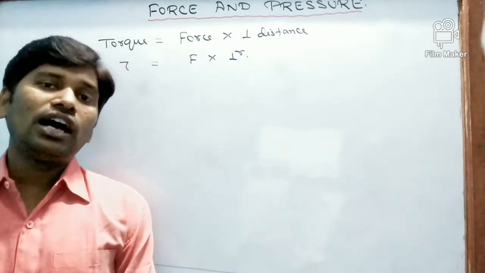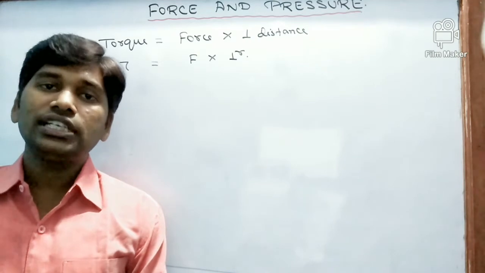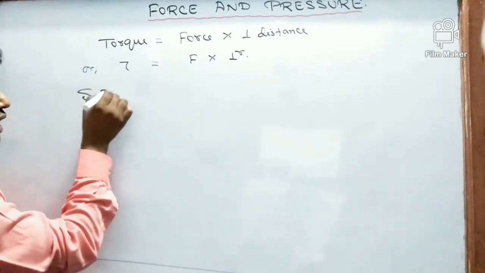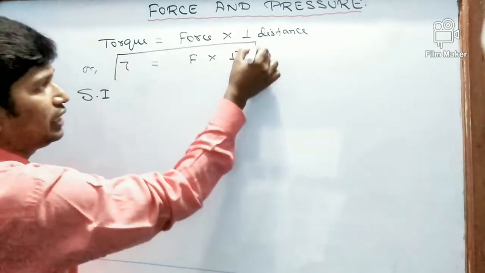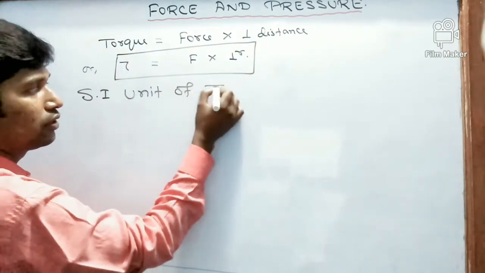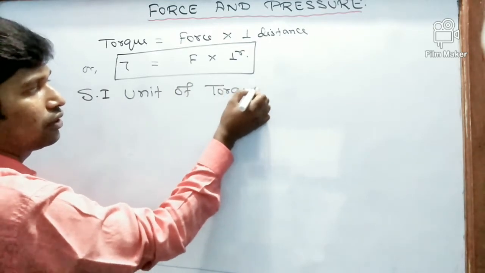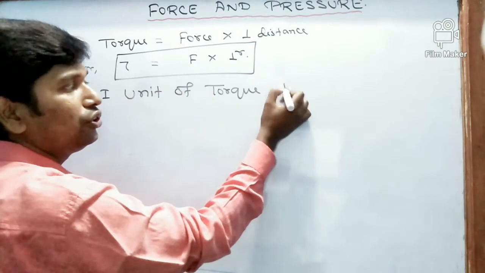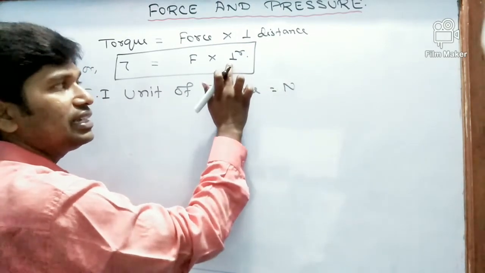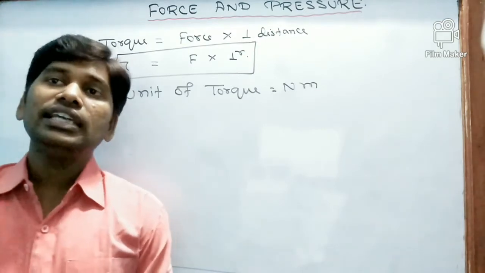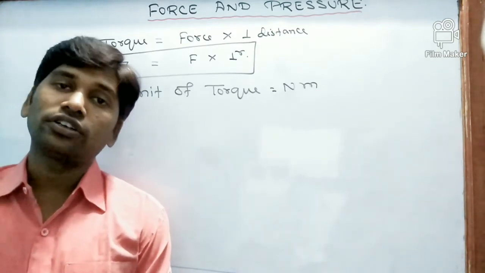If we talk about its SI unit, that means the SI unit of torque: force is measured in Newton and distance is measured in meter. So Newton meter is the SI unit of torque.